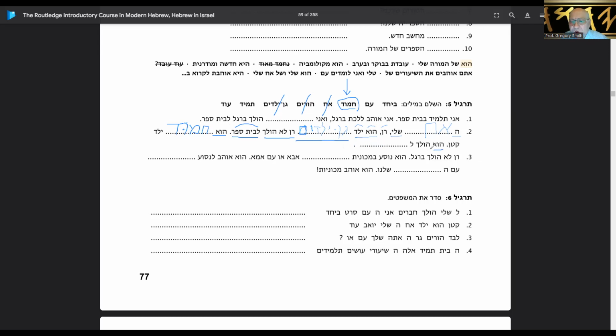Okay, hu holek, he goes le, to. That's where this gan yeladim would fit in perfectly. That Gan Yeladim would fit in right here.